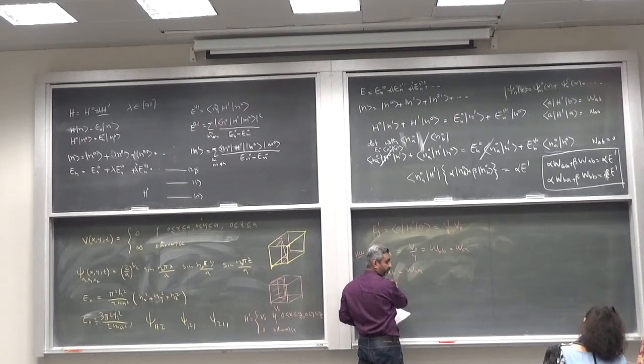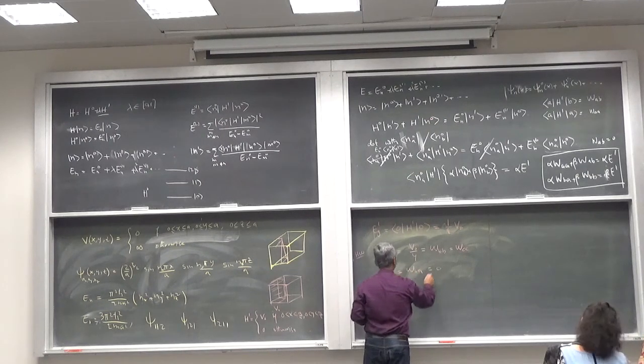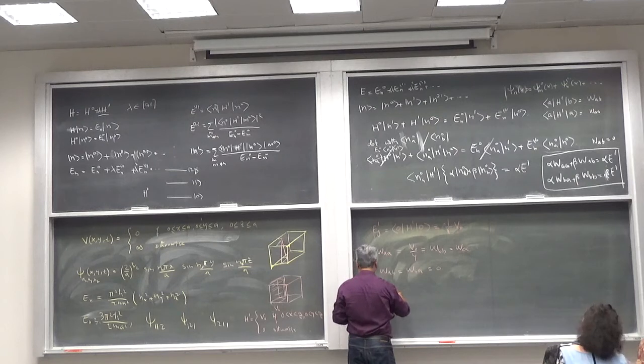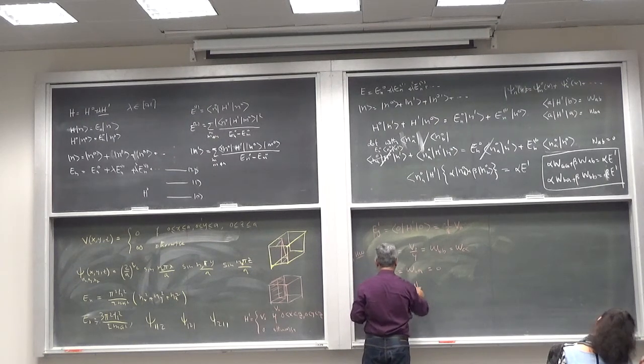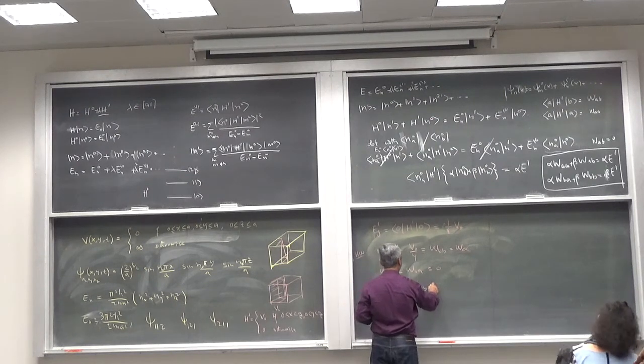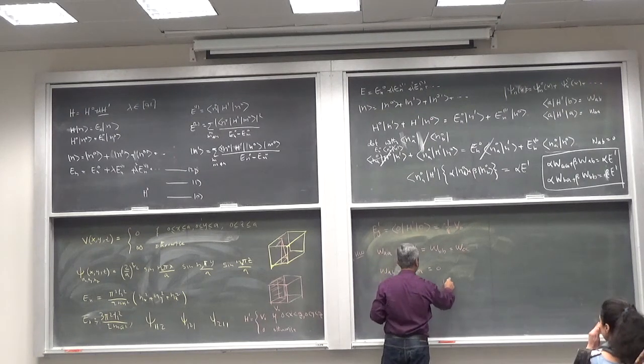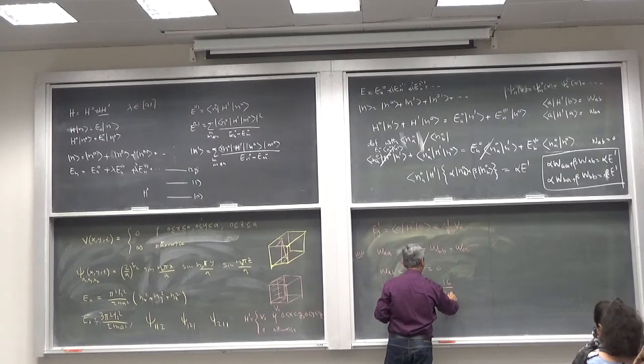They are just complex conjugates of each other. This is 0. And W_BC is equal to W_CB, which is equal to 16 over 9 pi squared V0.